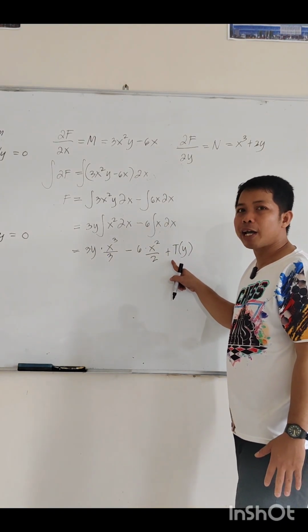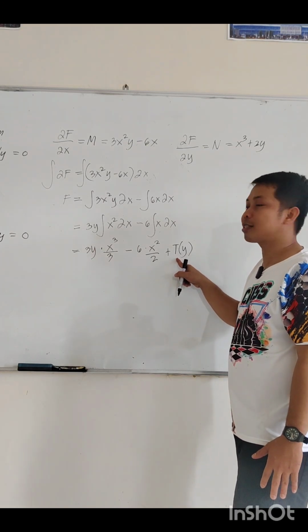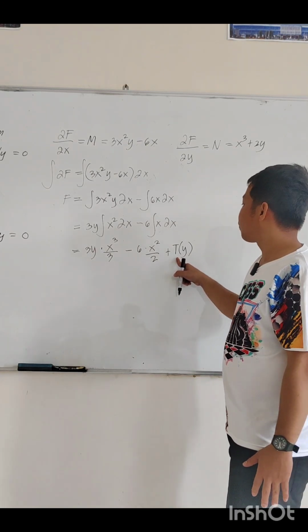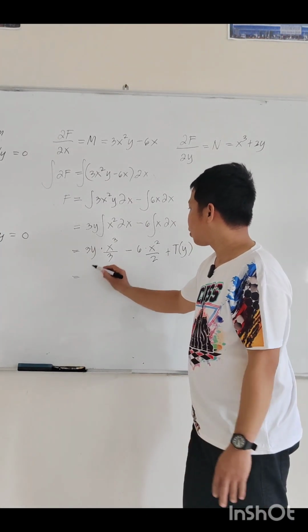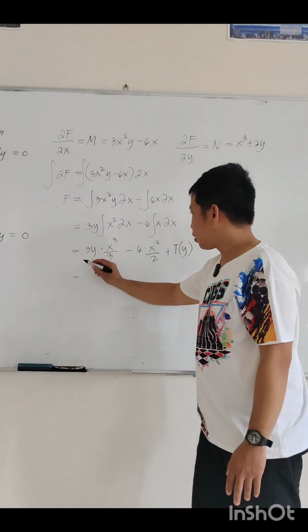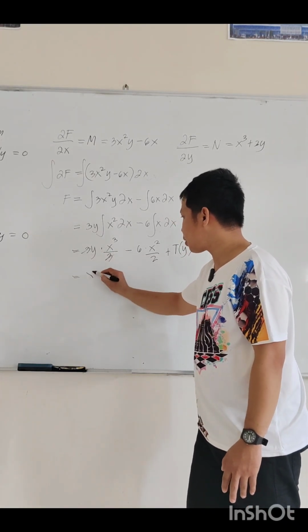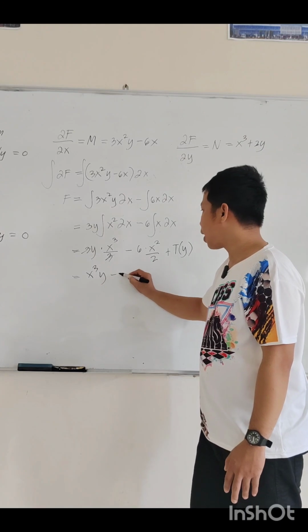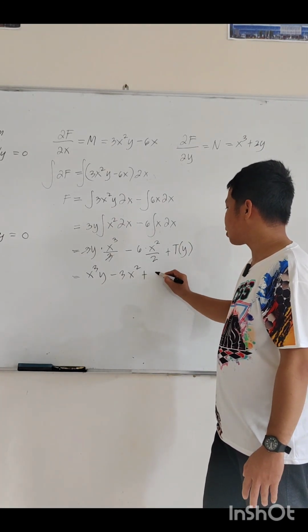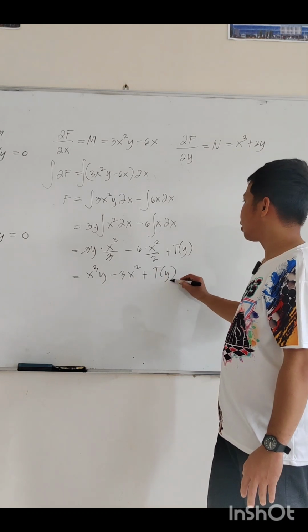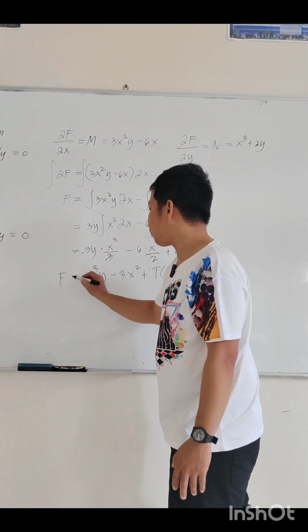Kapag nag-derivative tayo partially with respect to x, ang y natin is treated as a constant. So we have, i-simplify, cancel, x cubed y minus 3x squared plus t of y. Okay? So this is the value or the function of f.